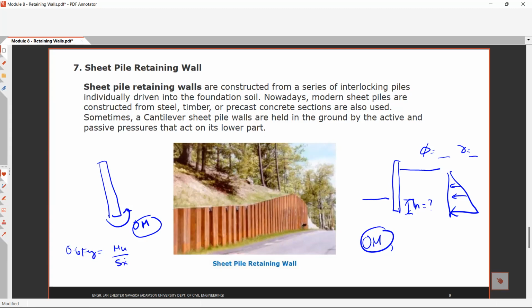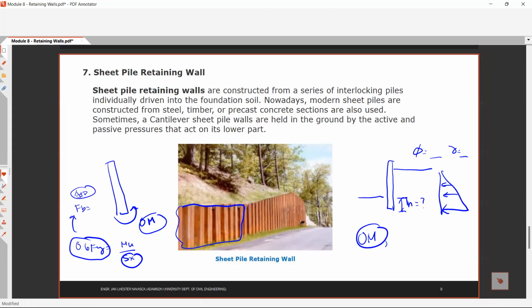Okay, you can solve this Sx. This Sx is the section modulus of this steel. Yung 0.6 Fy is yung Fb mo using ASD. So basically ganyan lang yung mag-design for the sheet pile retaining wall.